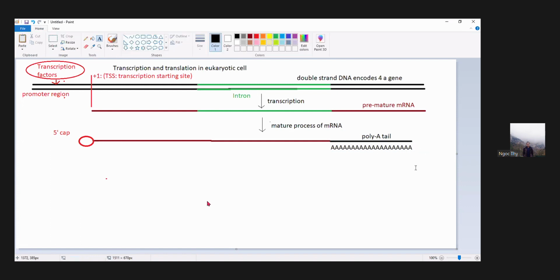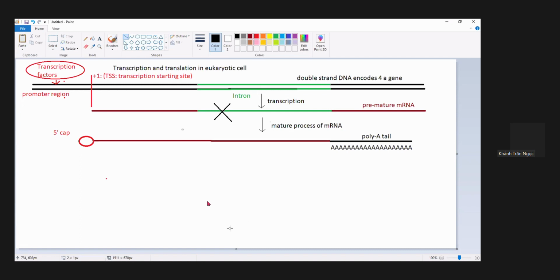Thanks to this poly-A tail, whenever we want to catch the mRNA to investigate, for example, the transcription level of a specific gene, we put in the primer, the oligo poly-T, to catch the poly-A tail. So here, the intron was removed.